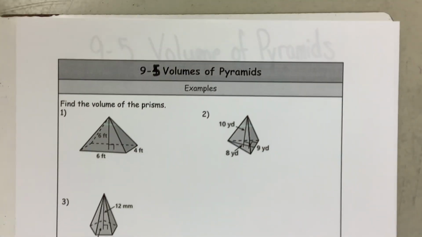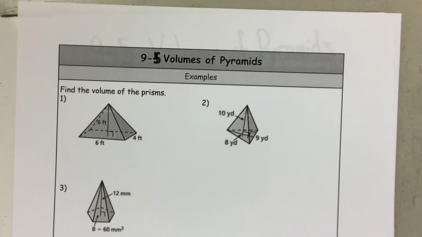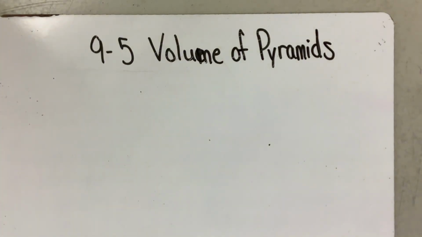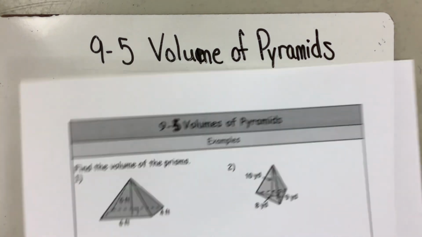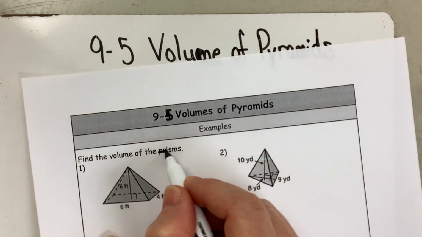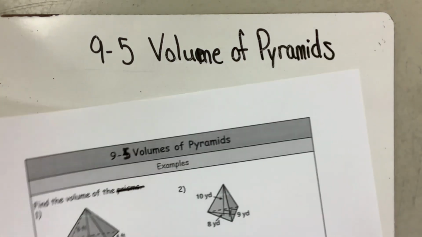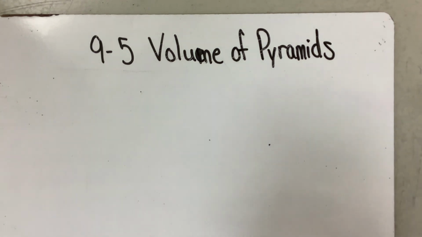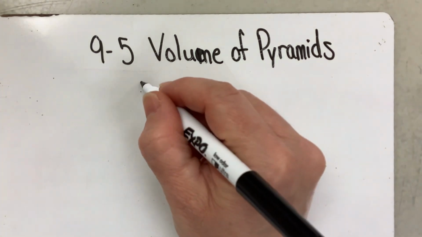Now, let's come back up here. Now, to find volume of the pyramids, we need a new formula, okay? And actually, this here should say pyramid. Okay, so make sure you change that too. All right, so to find the volume of a pyramid, make sure you write this down.